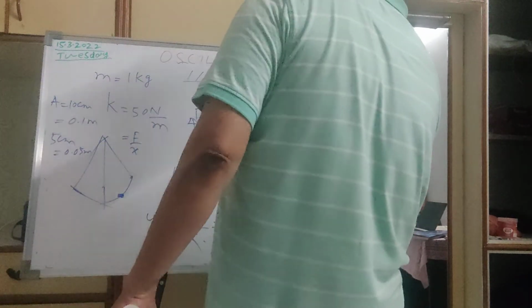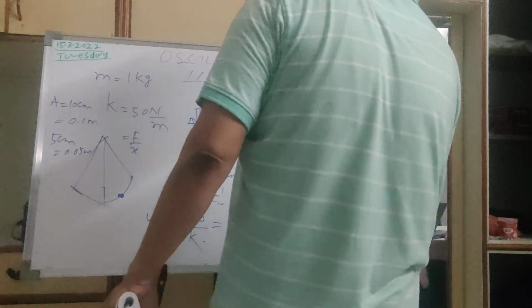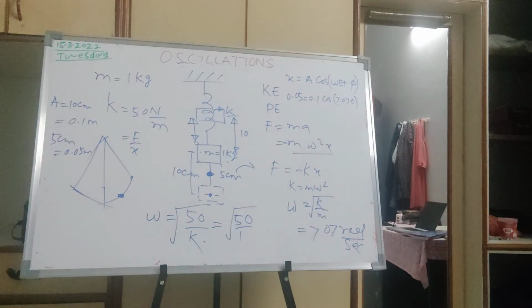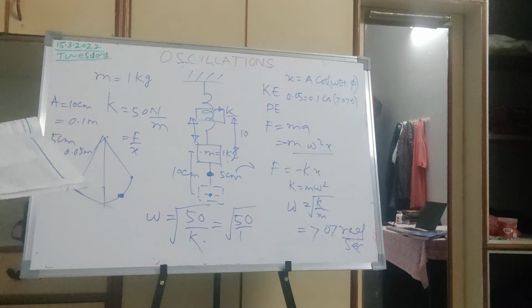Omega is 7.07, into t. Assume the phase angle to be 0. It starts from phase angle 0 in this case.